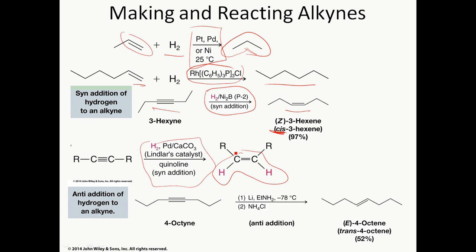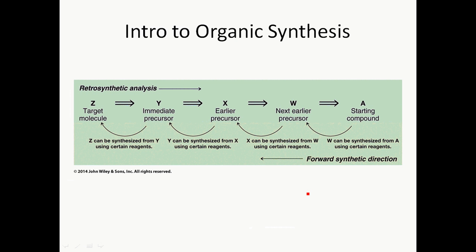And if you wanted to get an anti or a trans double bond from an alkyne, you can use the lithium reaction or reagent, and you can get a trans double bond. So it's important to understand the difference. So you can use P2 and Lindlar to get cis double bonds, and the lithium reagents to get a trans double bond from an alkyne.